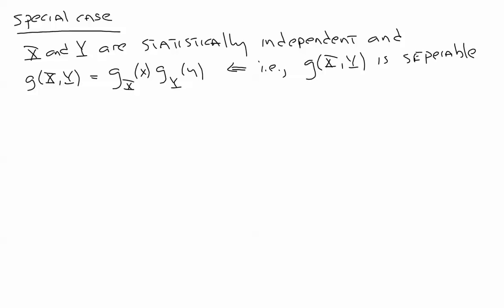It's actually an interesting special case that we're going to come back to a couple of times. But we'll assume that x and y are statistically independent random variables and g is separable.